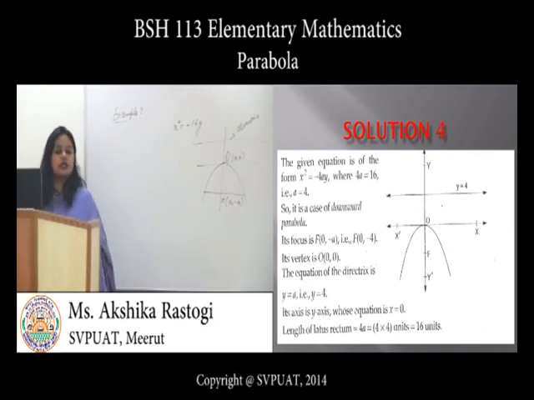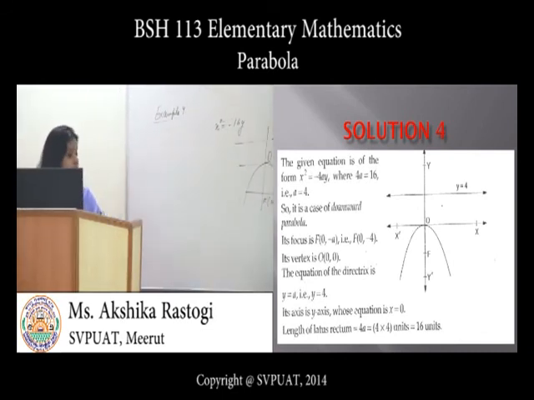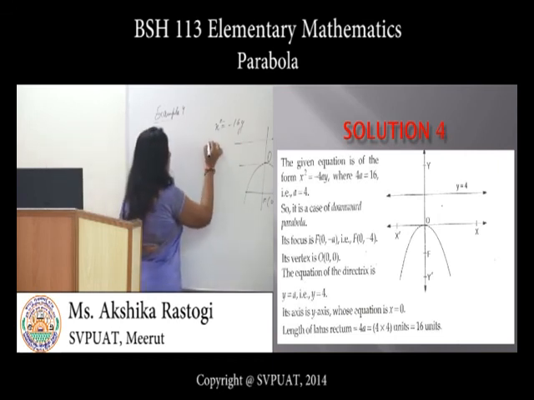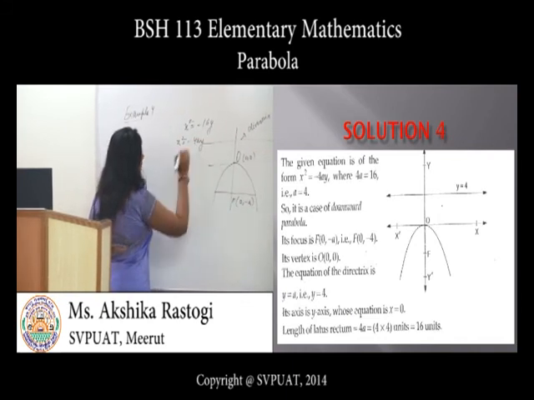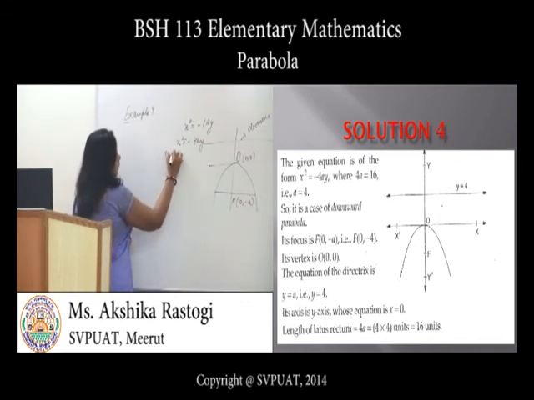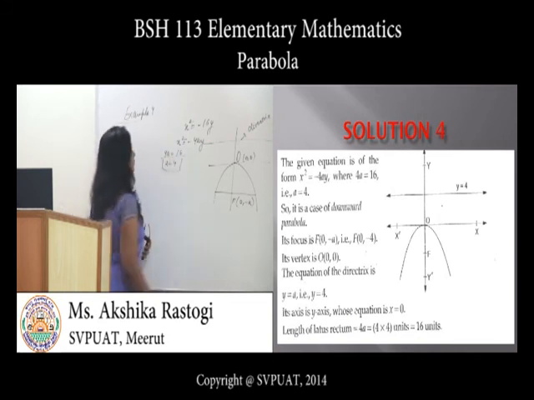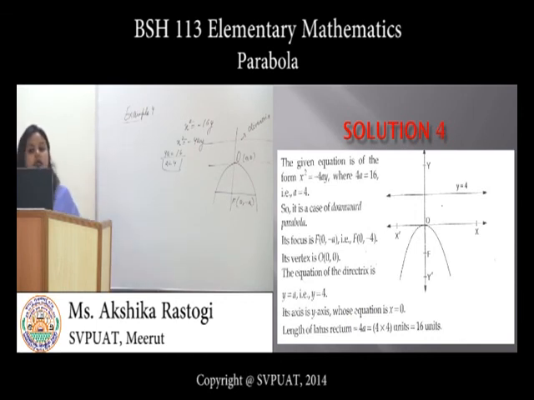The point of focus is 0 and minus a. Now first of all, what do we do? We compare this equation with the standard one. 4a equals 16, that means a equals 4. We calculate the value of a.